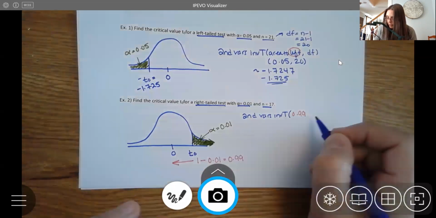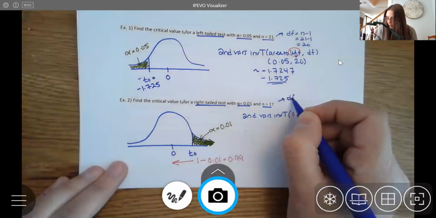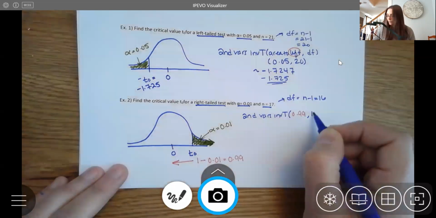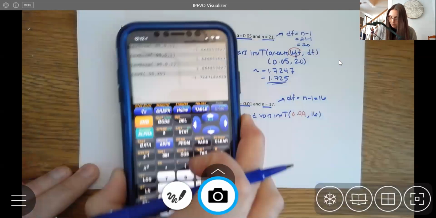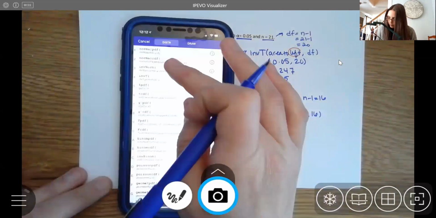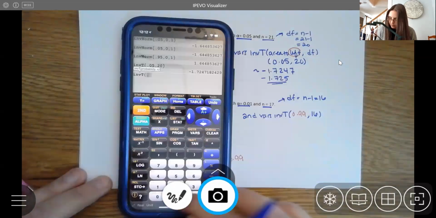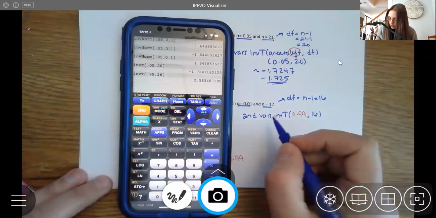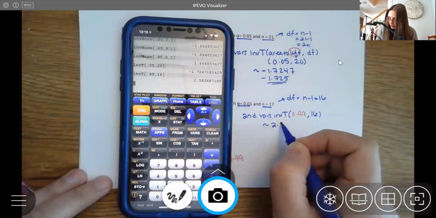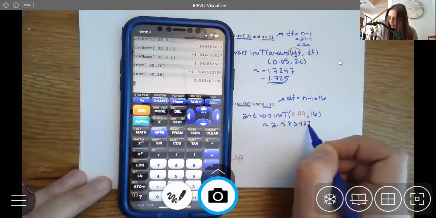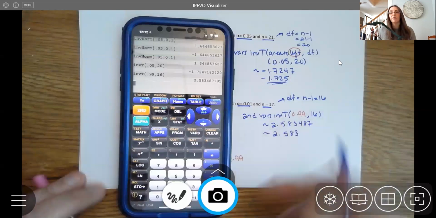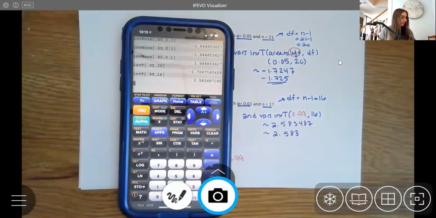And my degrees of freedom is going to be 16 in this case, 17 minus 1. All right, and I'm getting about 2.583487, so about 2.583 if I round to 3 decimal places.